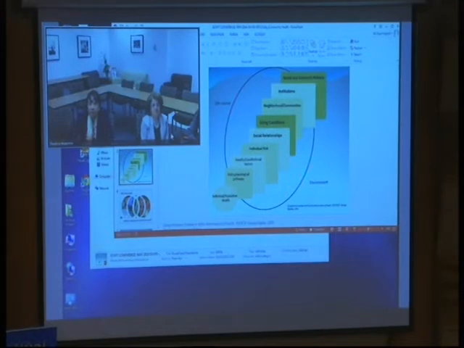Now, if we look at this model and start here, we'll see that individuals comprise population health. So individuals must be healthy before we can state that communities are healthy or that certain populations are healthy.